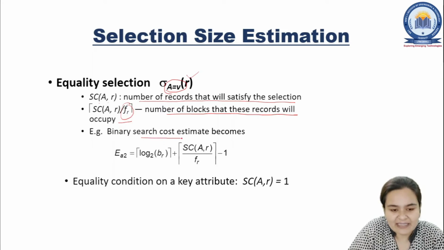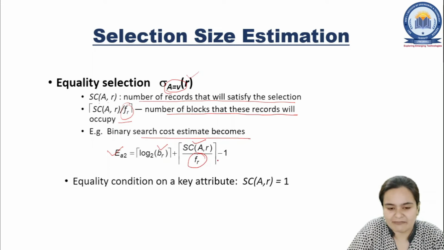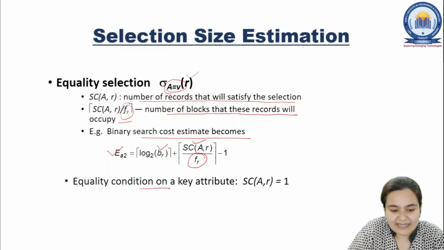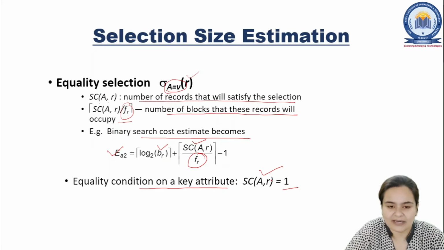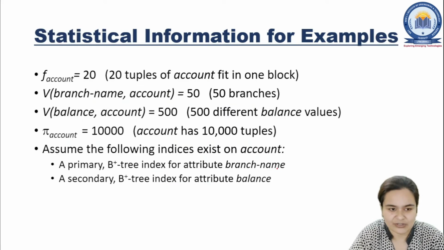In the binary search cost estimate, the cost of the algorithm will be log base 2 of the number of blocks of R, plus the number of records that satisfy our condition divided by the blocking factor, minus 1. If we have an equality condition on a key attribute, then this will turn out to be 1, so the number of tuples that satisfy the condition will be 1 itself.